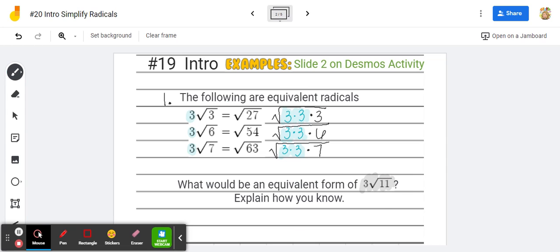Explain how you know. We could take that outside number, 3 times 3, and then multiply it by the number on the inside, 11, which means that the 3 will come outside and the 11 will stay inside. Or we can just think of this as the square root of 99, ladies and gentlemen, is equivalent.